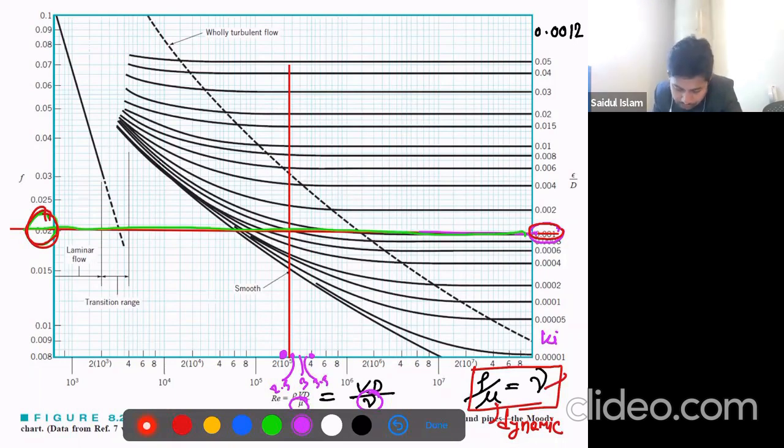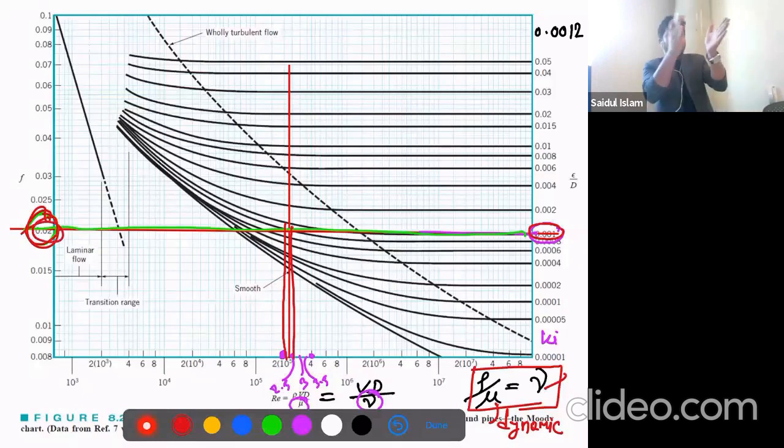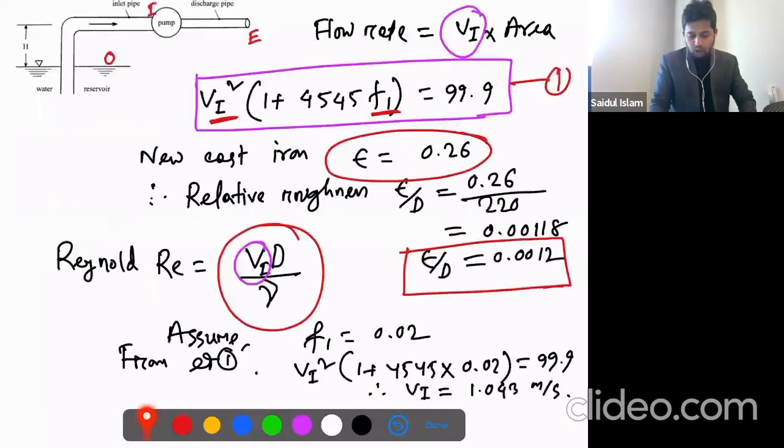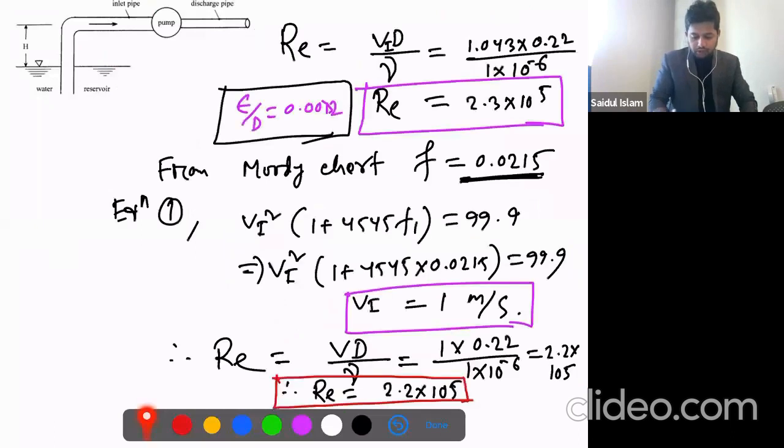So what we can see, guys, is that for these two values, 2 times 10 to the power 5 and 2.5 times 10 to the power 5, we're getting exactly the same friction factors. This is a very small difference in log scale. So when we're talking about 2 to 2.5 times 10 to the power 5, this Reynolds number doesn't make that much difference in the friction factors. So here we have the Reynolds number 2.3. This is 2.2.